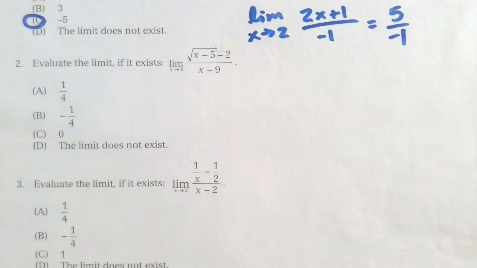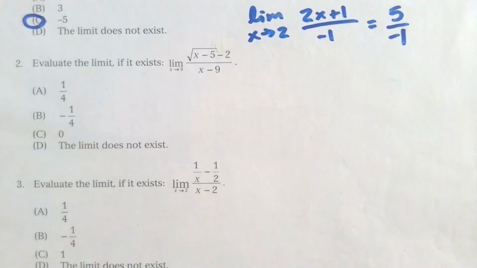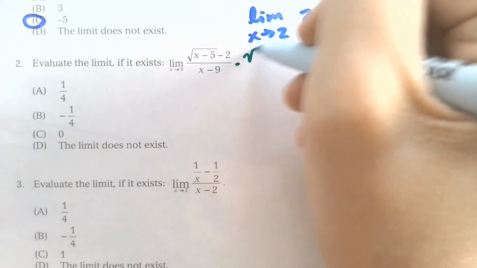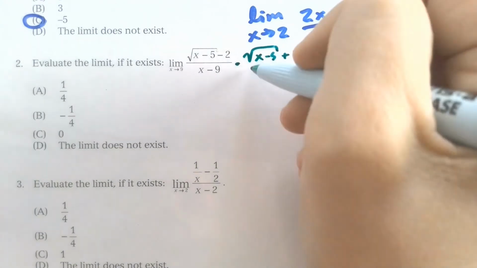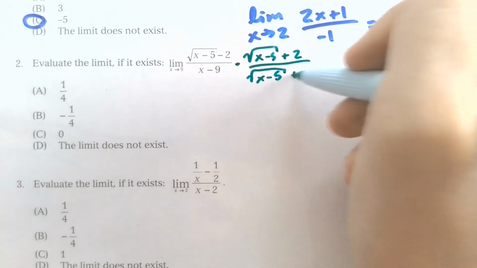On example 2, same thing. I want to plug in that value of 9, and I will end up with 0 over 0 again this time. I do want to approach this one a little bit differently since I've got that radical in there. I'm going to multiply by the conjugate, so radical x minus 5 plus 2, and then the same thing in the denominator.